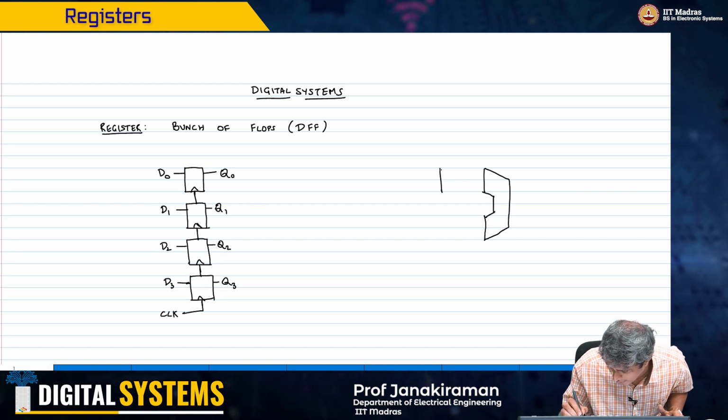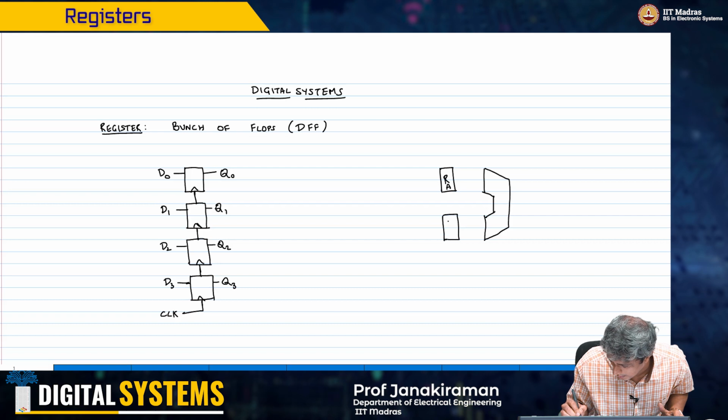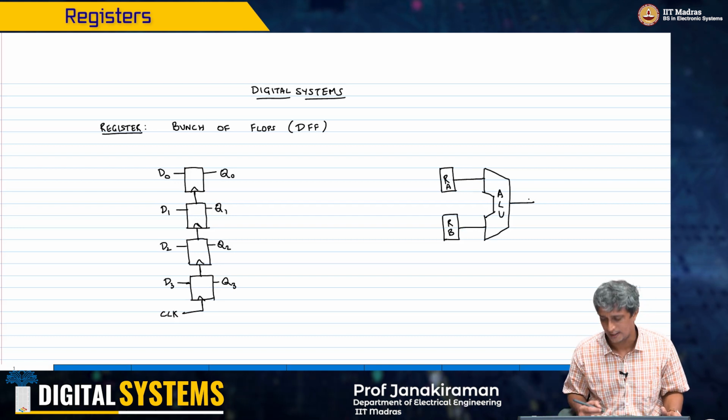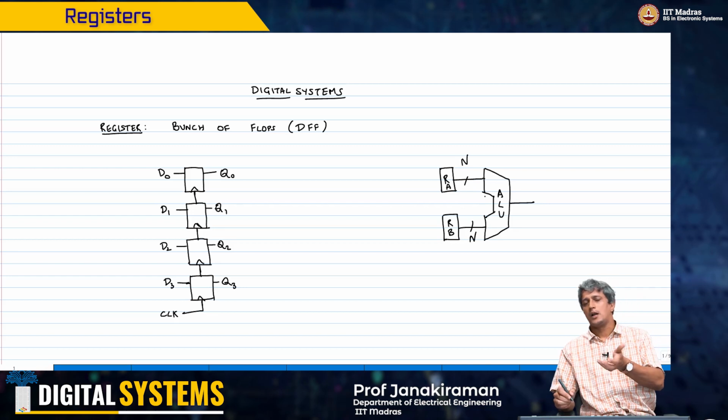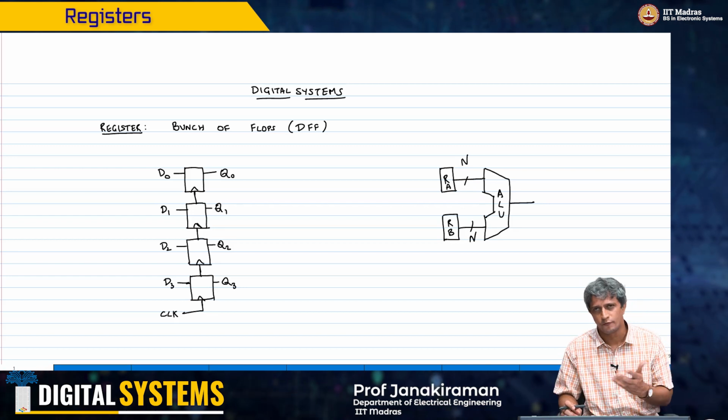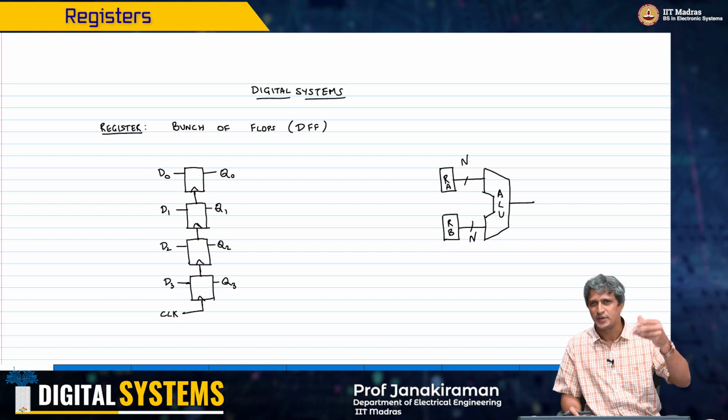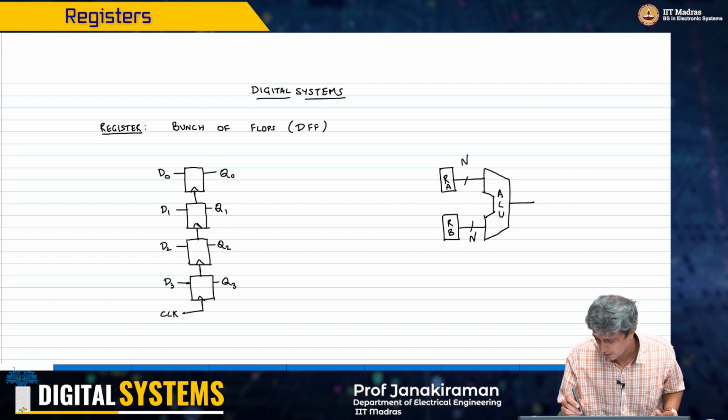So you will have a register A, a register B, okay, RA and RB, and this will talk to the ALU and you will get an answer out like this, right? Each of these could be some n bits in general. N is typically nowadays in these microprocessors, it can even be 64 bits, 128 bits and so on, but otherwise it usually would be 32 bits some time back, right?